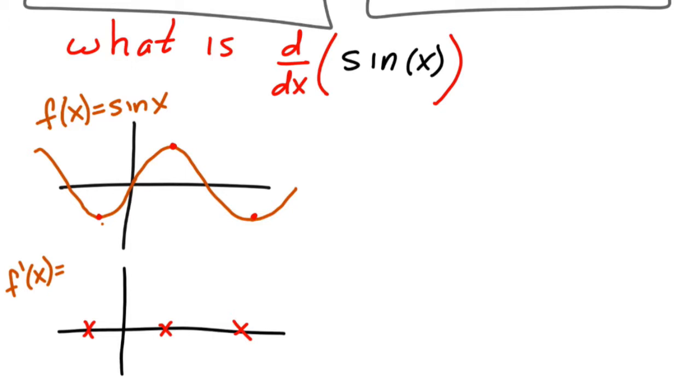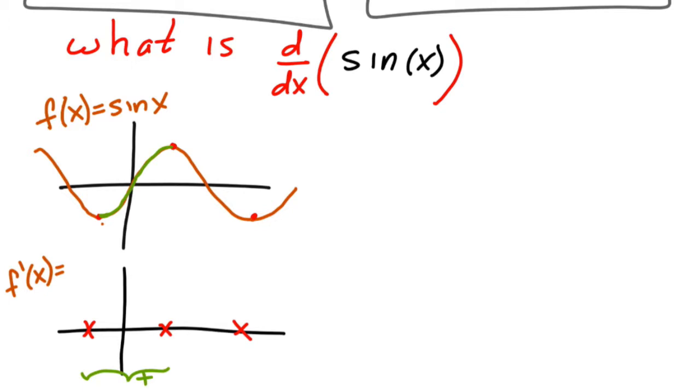Okay. Now, if you take a look at this, you know that, for example, from here to here, since this guy is increasing, this guy is going to have to be positive on this green area.